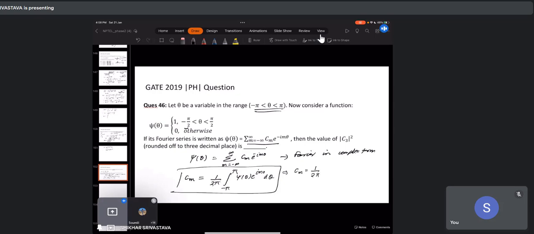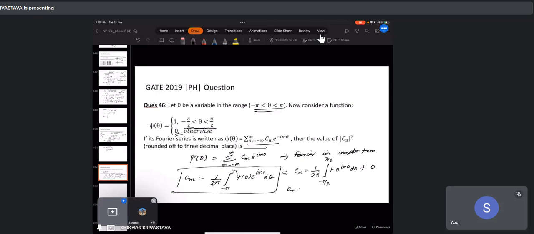Now your function is defined only within these two limits, minus pi by 2 to pi by 2. So it is 1, so psi theta is 1. So 1 times exponential im theta. Plus for all the other limits it is 0. Outside this domain pi by 2 minus pi by 2 it is 0. So 0 times this will become 0.